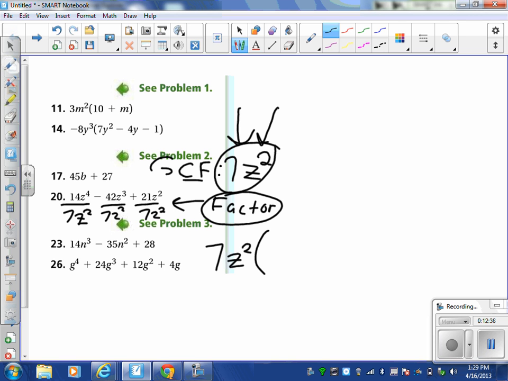So when I do that, I'm going to take 14 divided by 7 is 2. And again, how many numbers am I going to have inside the parentheses? You got 1, 2, 3. So inside here, 1, 2, 3, and my parentheses. There's a minus sign in the beginning, so we'll put a minus sign.